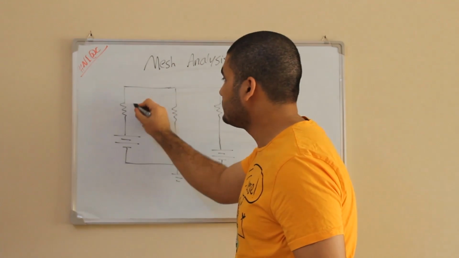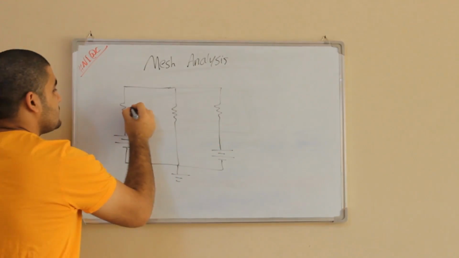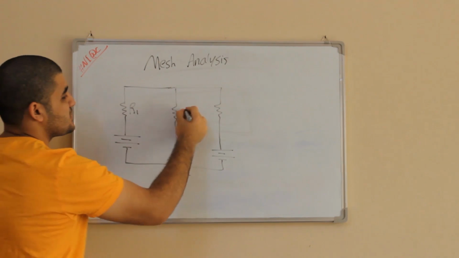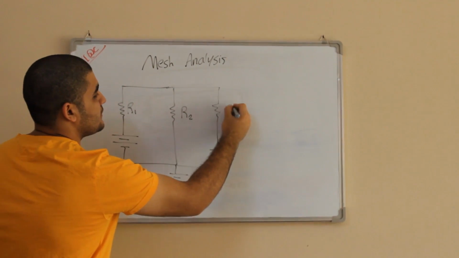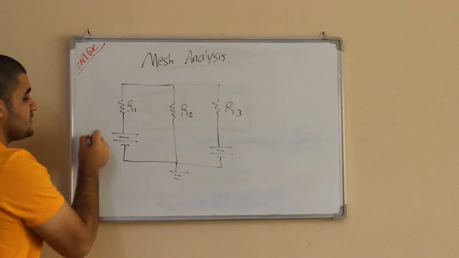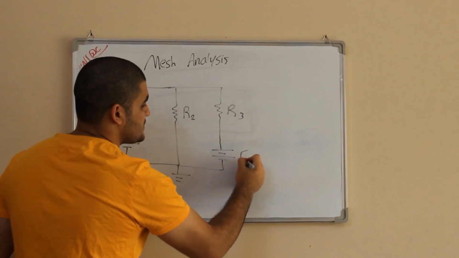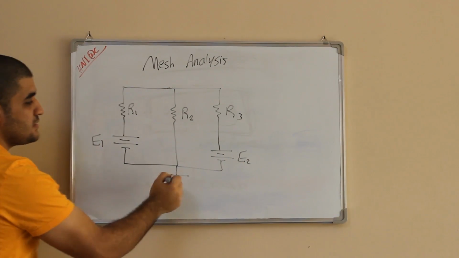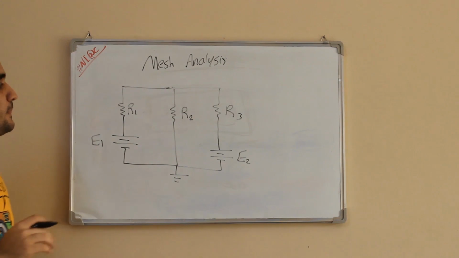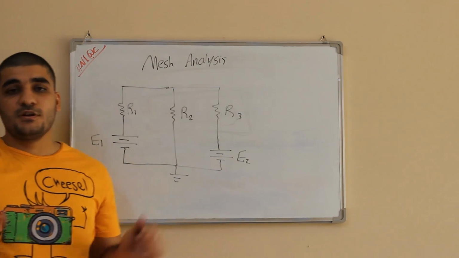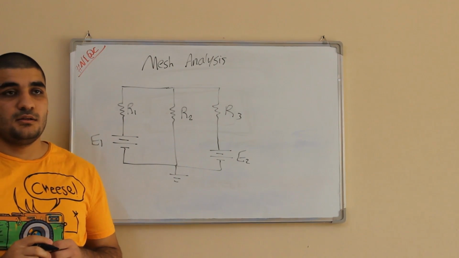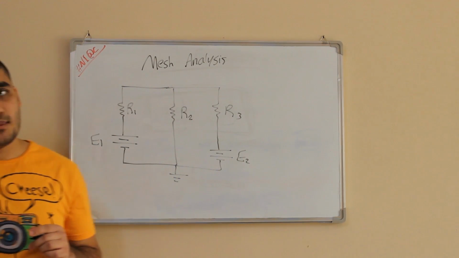This is R1, this is R2, this is R3, this is E1, this is E2, and this is the ground, as you all know.